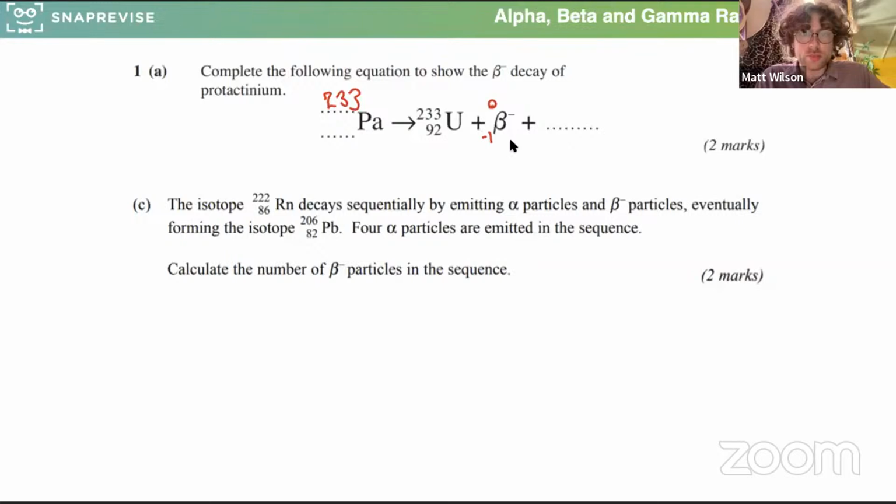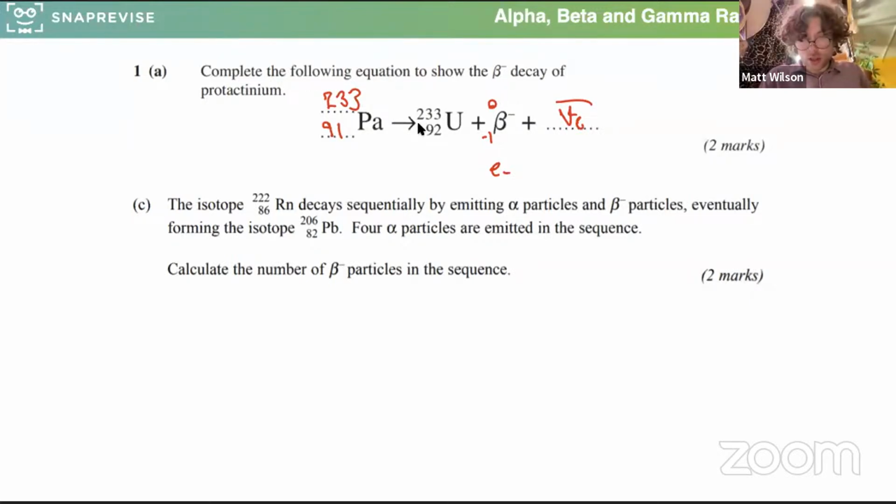A beta minus particle is an electron, and in beta minus decay, we also produce an anti-electron neutrino. So we put that there. Then to get the numbers to balance, we have 92 - 1 here, so we must have 91 here. And this makes sense. We have 1 neutron that has now become a proton. That is indeed what beta minus decay is.